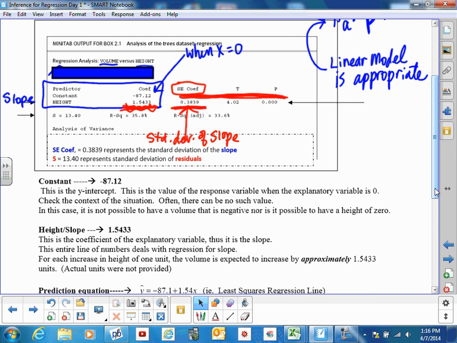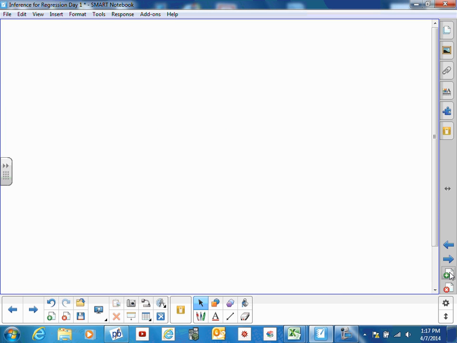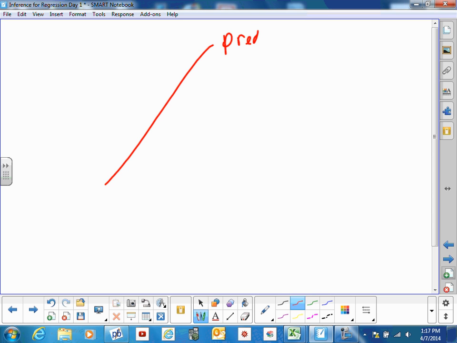Well, in a sense, we could make an interval. And in fact, let's think about what that means. Our predicted slope for this problem from the data, from the sample, was 1.543 whatever units, okay? Well, the standard error for the slope is 0.3839.